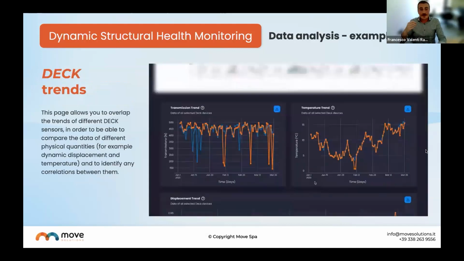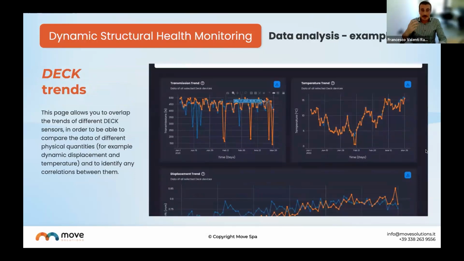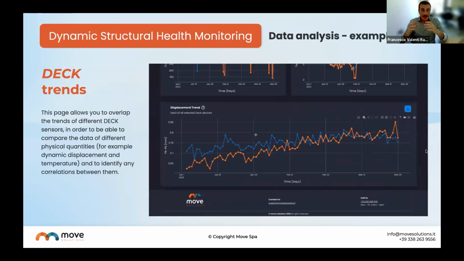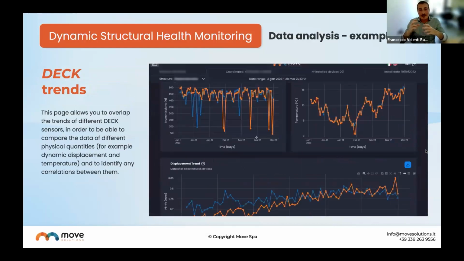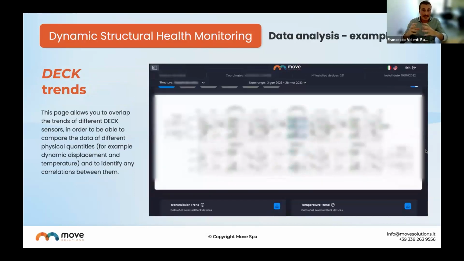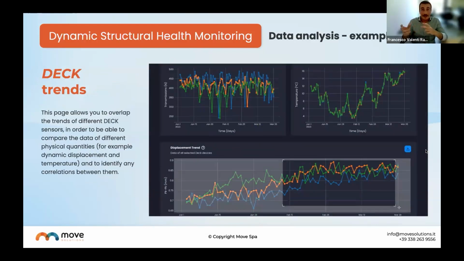Then, still talking about the DEX sensor, we have the page related to the trend. The trend page allows the end customer to view and analyze data trends from dynamic sensors installed on a structure. In particular, this page allows the user to overlap the trends from different DEX sensors on the same project, also comparing data of different physical quantities.